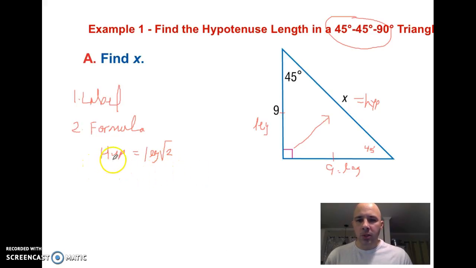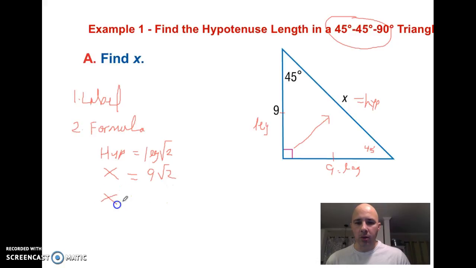The third step is to substitute the values. Your hypotenuse in this case is x, so I'll substitute that in. Your leg in this case is 9, substitute that in, and then bring down the square root of 2. This is going to be your answer.